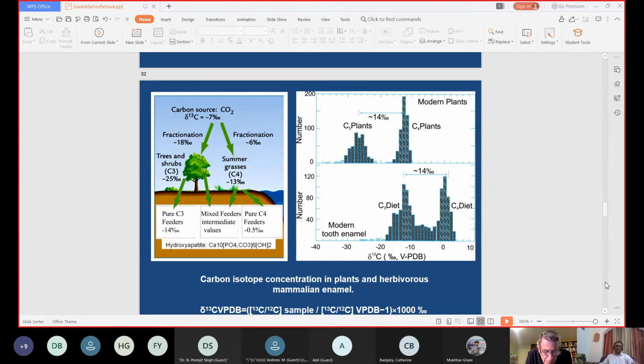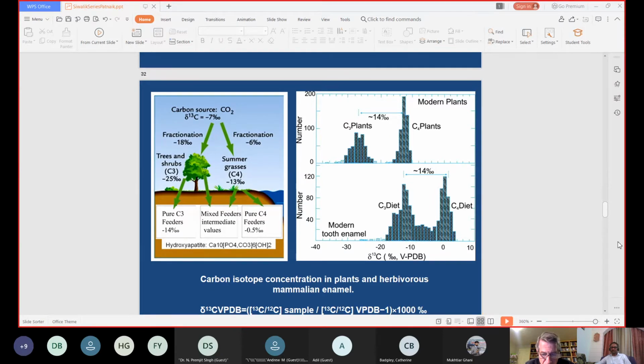For the students, they can find in the literature that due to fractionation by various plants like C3 plants and C4 plants, the carbon from the atmosphere gets fractionated, and by the time it reaches the feeder, a pure C3 feeder will have a particular delta C13 value, and a pure C4 feeder will have a different delta C13 value.